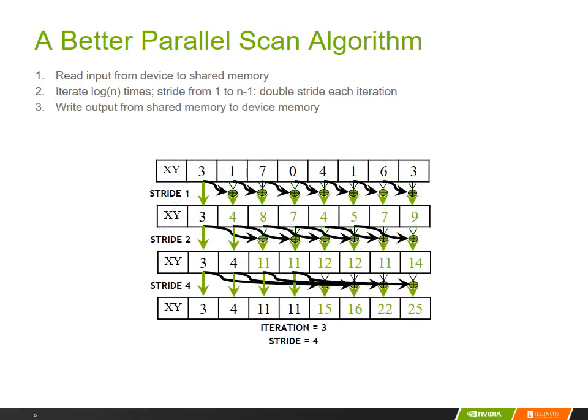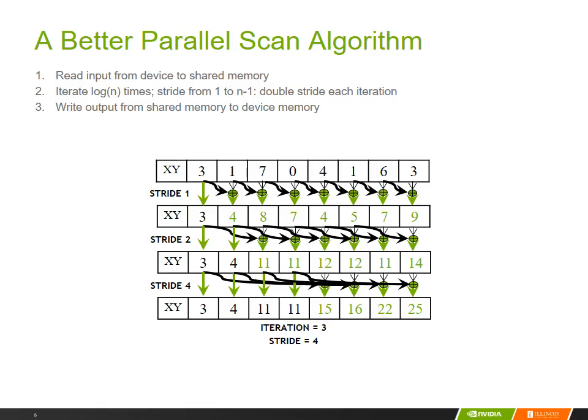During the third iteration, each thread will add the temporary sum at its position with the partial sum that is four elements to the left. As we can see, some of the thread positions will not have temporary sums that are four elements to the left. That means that these elements are already the final output value.